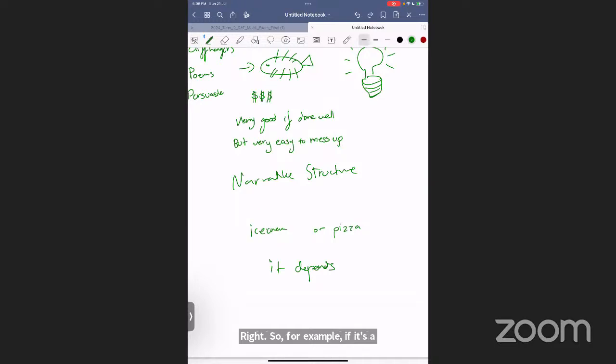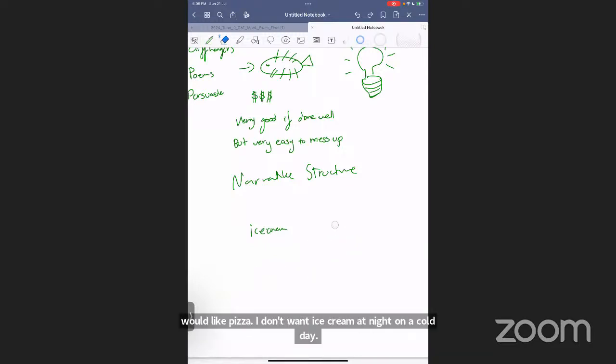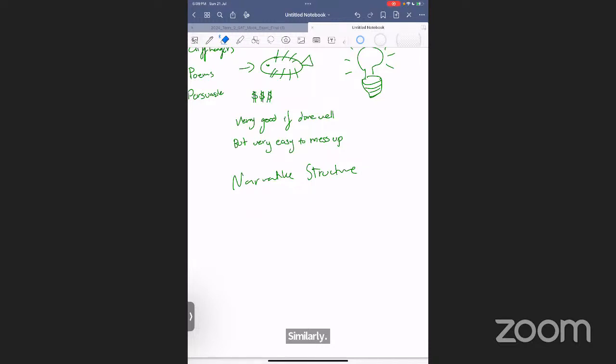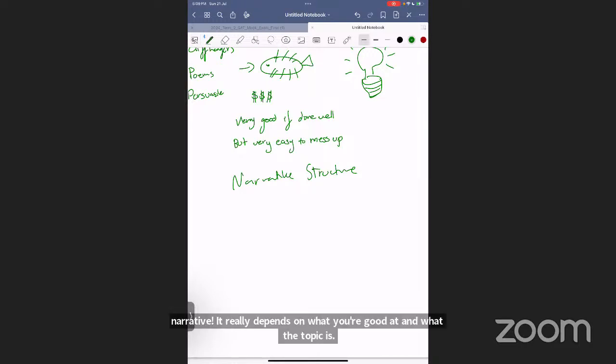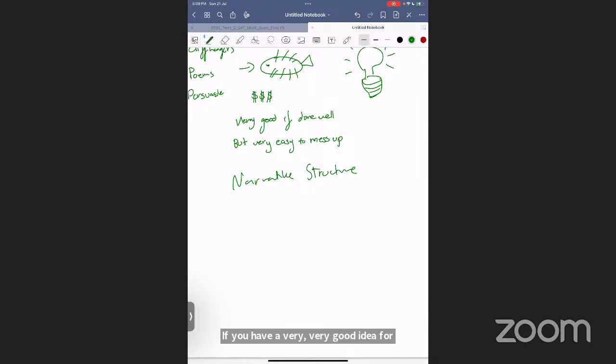But if it's a really cold night, for dinner, I would like pizza. I don't want ice cream at night on a cold day, right? Similarly, persuasive or narrative really depends on what you're good at and what the topic is. If you have a very good idea for persuasive and the topic fits perfectly, do a persuasive. But if you're really good at narrative, then do that. Okay, narrative structure. Thank you.